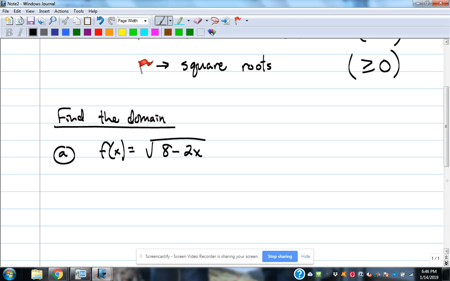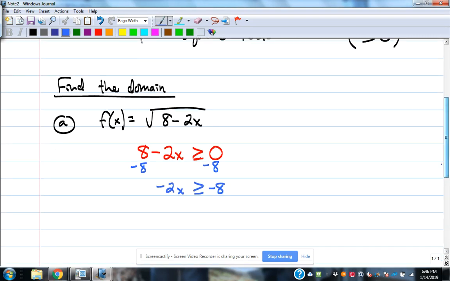So we're going to take 8 minus 2x, and we're going to set that greater than or equal to 0 to find the domain of this function. Okay? So subtract 8. Negative 2x is greater than or equal to negative 8. One more step. Divide by negative 2.